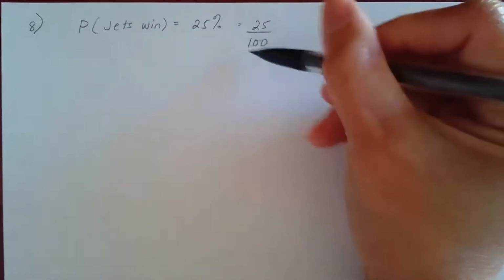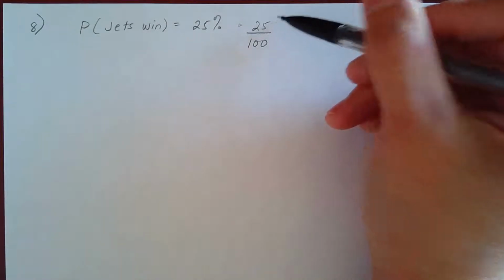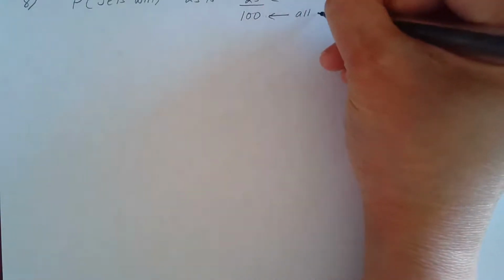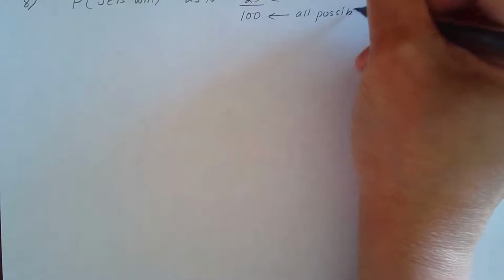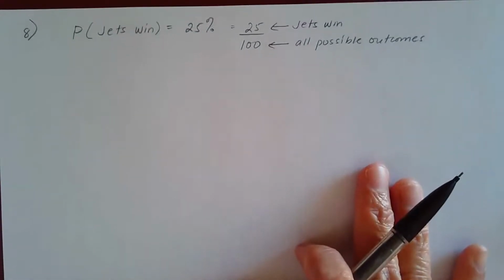So if there's 100 games, they're going to be winning 25 games out of 100 games. So this is Jets win, and this is all possible outcomes, maybe all possible number of games. Sorry, you can't see that.